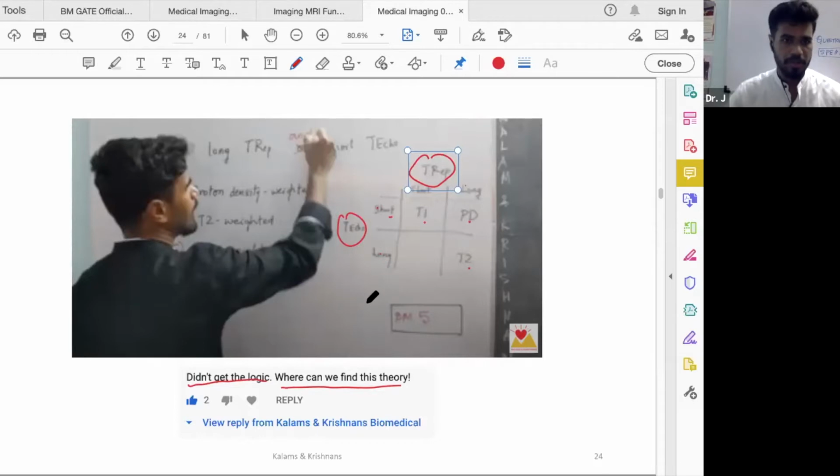So I will try to get into as many details in MRI as possible while keeping things very simple, and give the logic behind why this is the case. Can we try that for today? That's the agenda for the rest of the class.